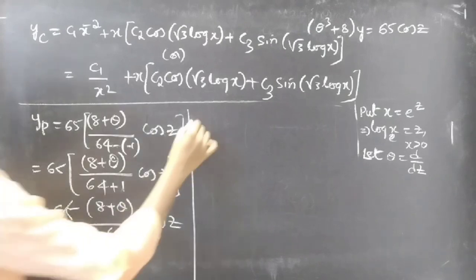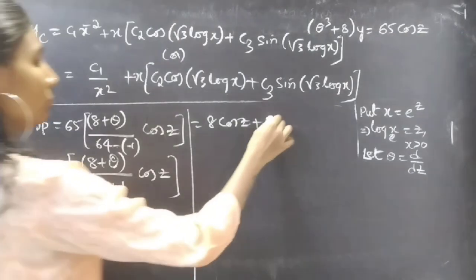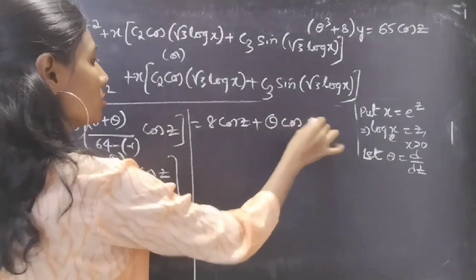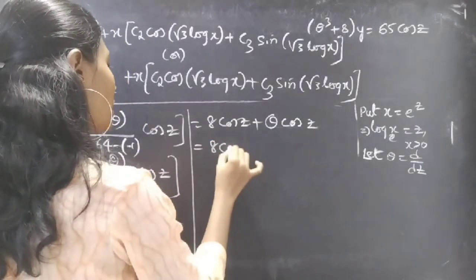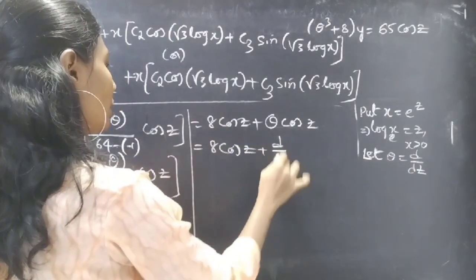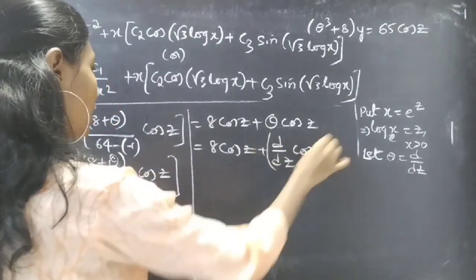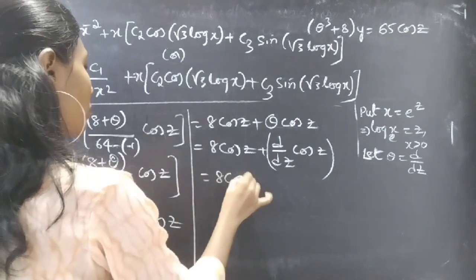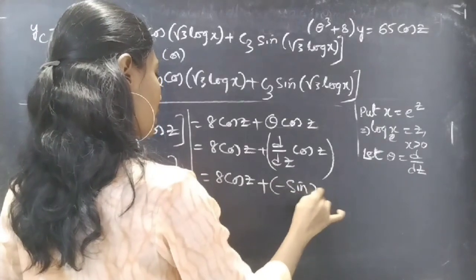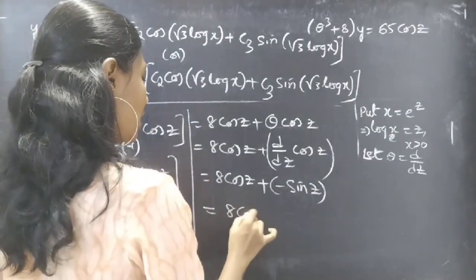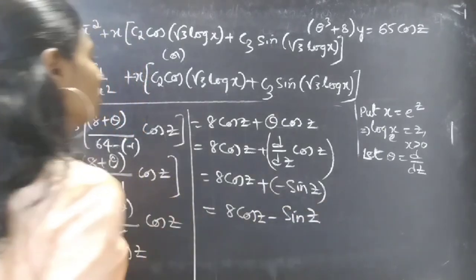This becomes 8 cos z plus theta cos z. We know that theta is a differential operator. We can replace theta by d/dz. This equals 8 cos z plus derivative of cos z with respect to z, which is minus sin z, so 8 cos z minus sin z.